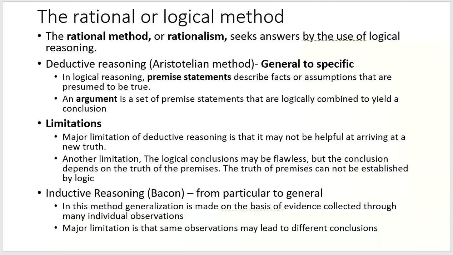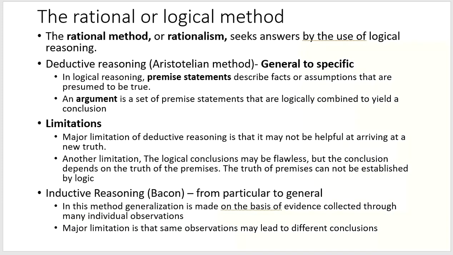In this reasoning, there are two sets of statements. The first set is called the premise statements, which describe facts or assumptions that are presumed to be true. I am emphasizing the words presumed to be true. It means that it may be true, it may not be true, but we believe that the premises are correct.